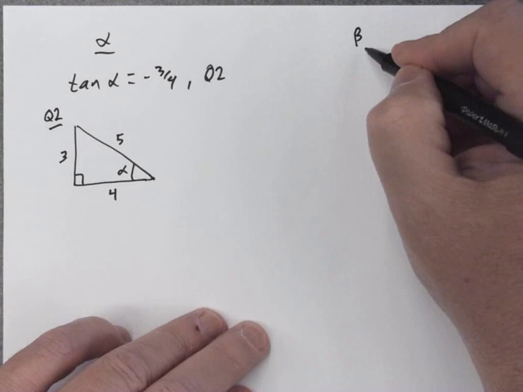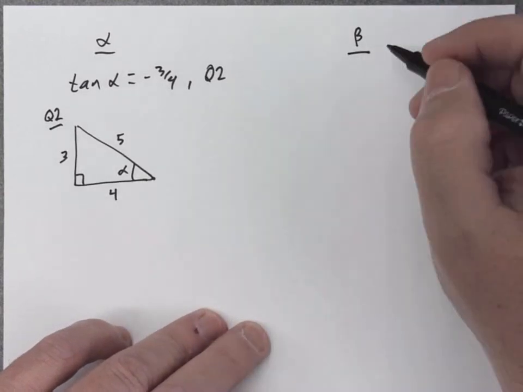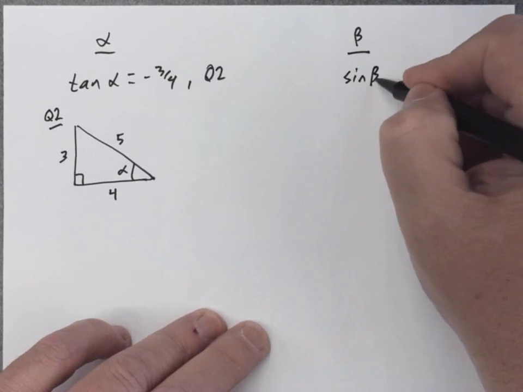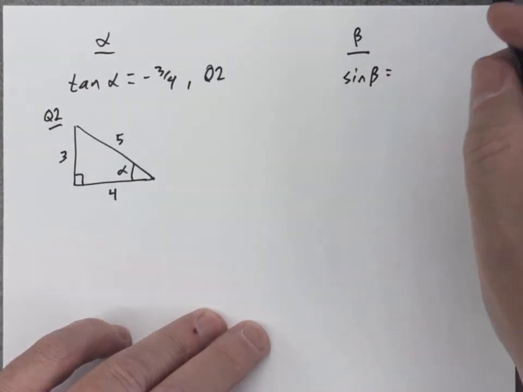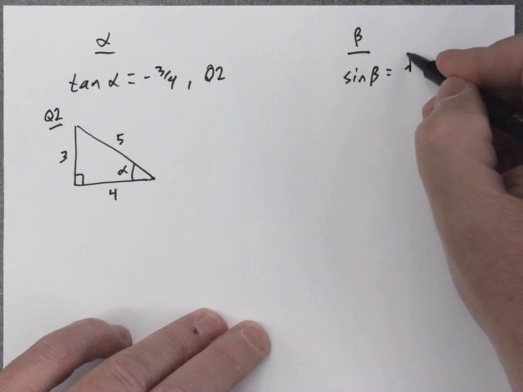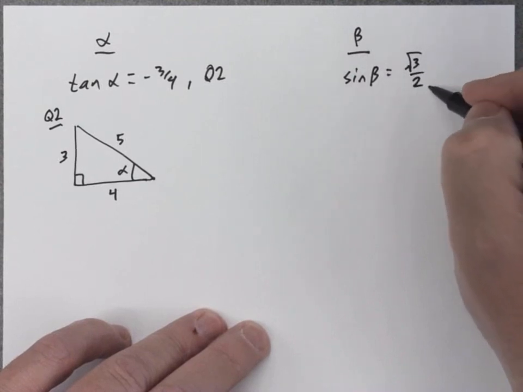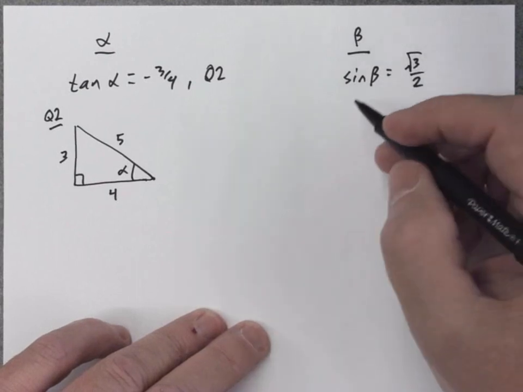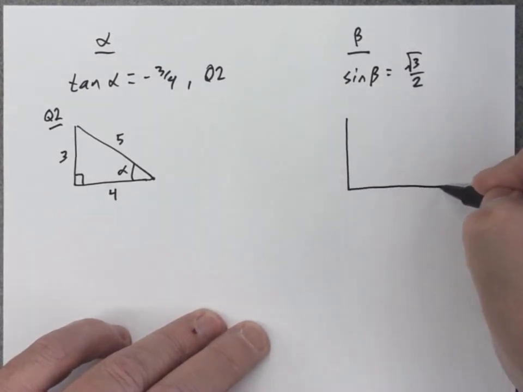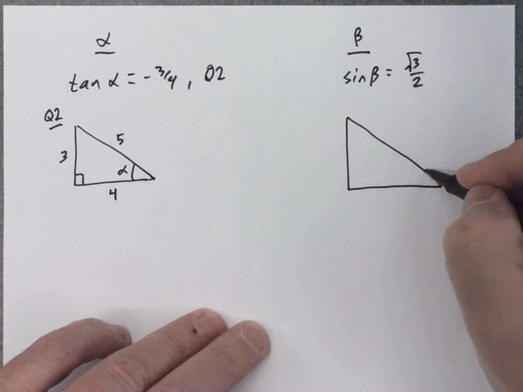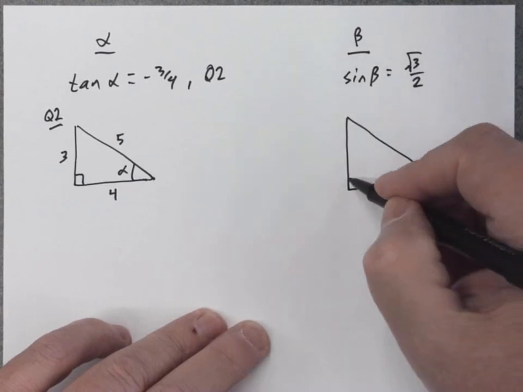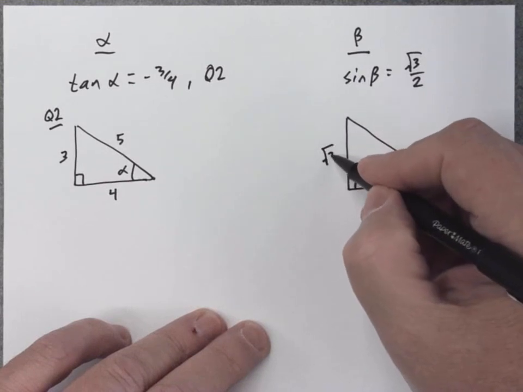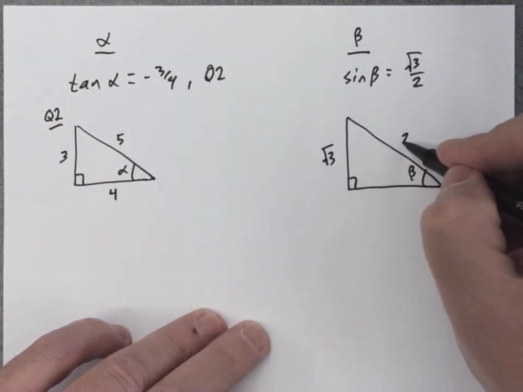I'll do the same thing for beta, where the sine of beta is square root of 3 over 2. So SOHCAHTOA, if I create a right triangle for beta, opposite over hypotenuse.